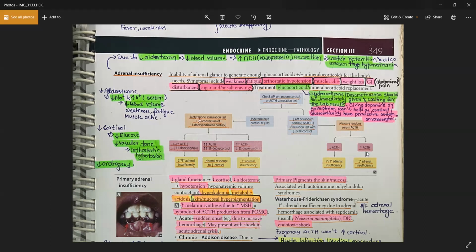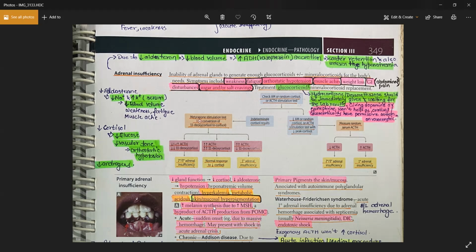If you have a high ACTH, that means primary adrenal insufficiency. So you check the morning cortisol; if it is low, then you check the ACTH. Low ACTH along with low cortisol means secondary deficiency. High ACTH along with low cortisol means primary deficiency. Just this. Okay, is that flow diagram okay?